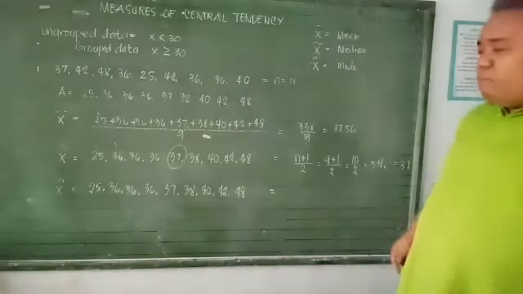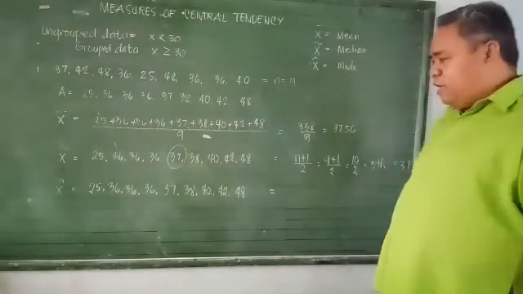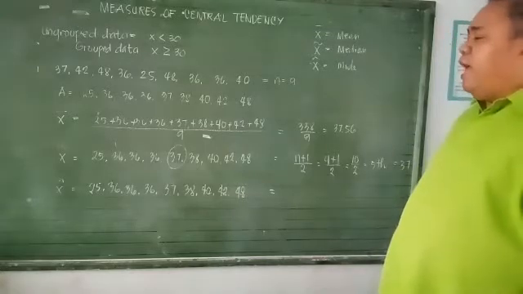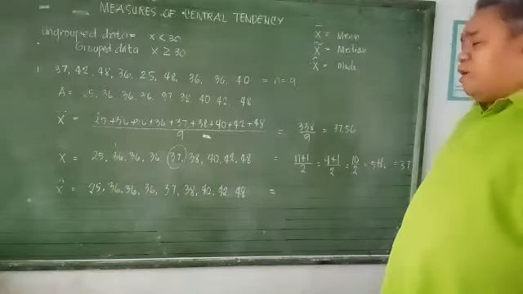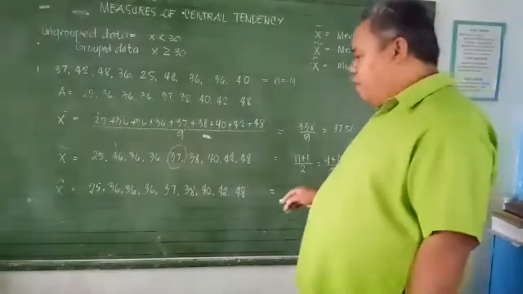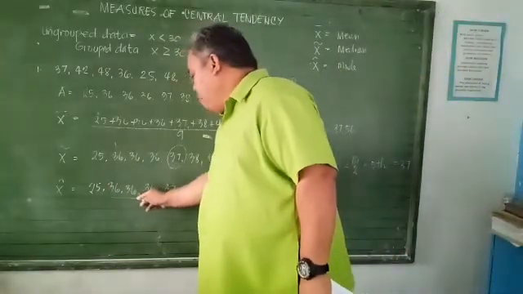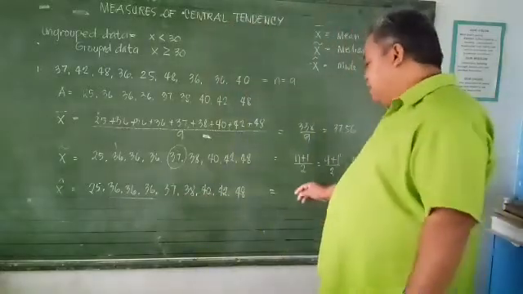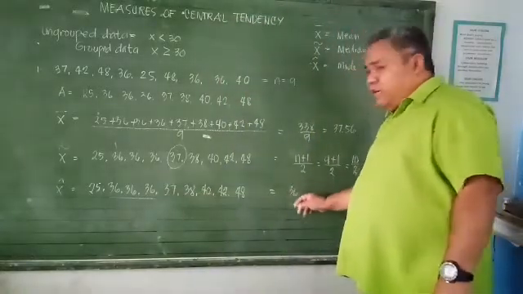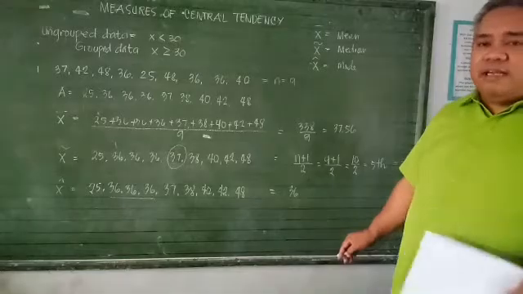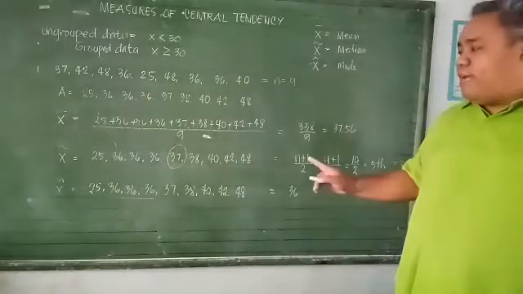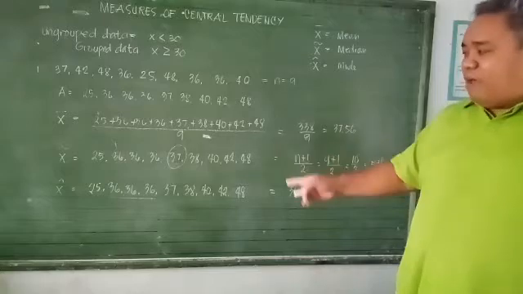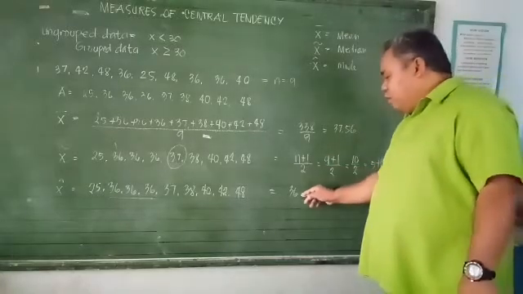Now, for the mode, tingnan nyo lang yung array of data. Aling data dyan ang nag-a-appear ng marami o nag-uulit. Diba ito yun? That's 36. Tatlong beses siyang nag-uulit. So that is 36. So there are two types of mode. The one is what we call unimodal and the other one is bimodal. Kapag isa lang yung marami dyan, let's say 36 lang yung marami dyan, that is what we call unimodal.